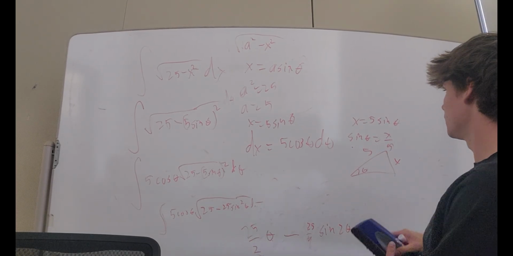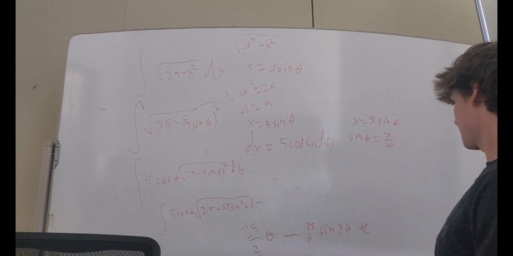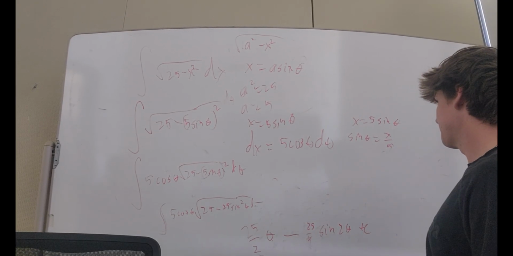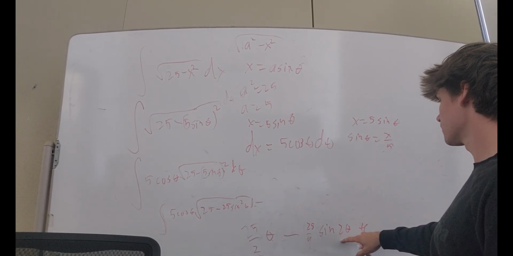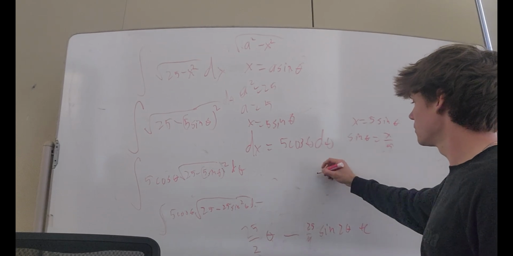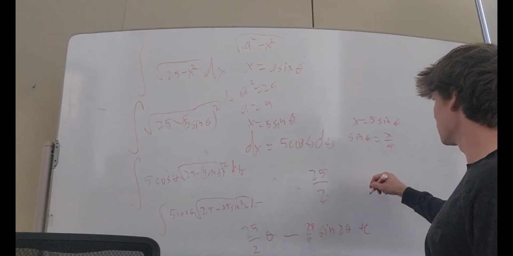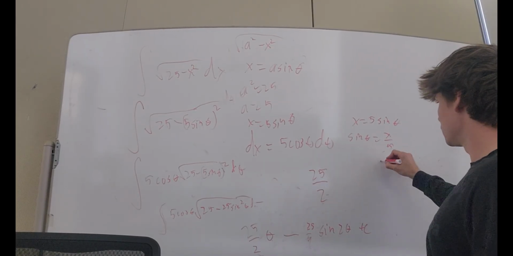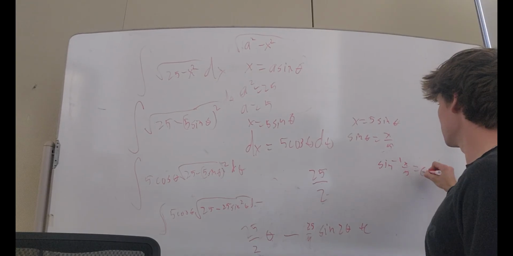We don't need to even make the right triangle for this case. Just that this would be double here. So we do need to find theta though, because we have 25 over 2 theta. How we find theta is just an inverse sine of x over 5 equals theta.